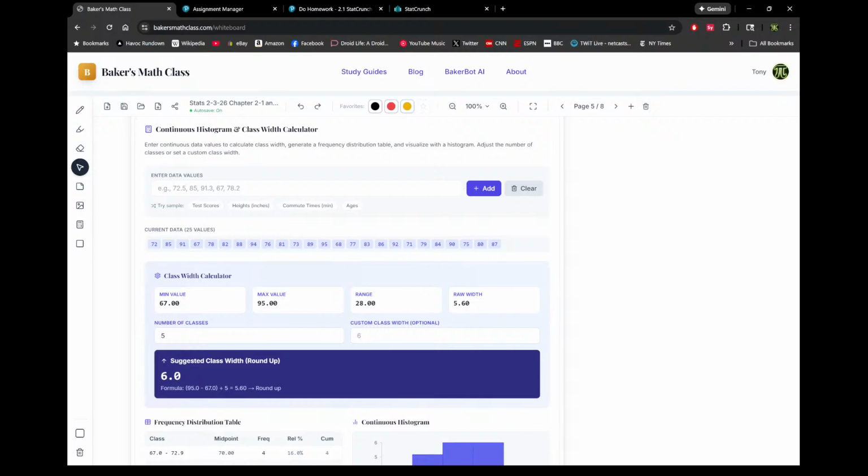In this problem, I said I wanted 5 classes. So if we do 28 divided by 5, we get 5.6 for my class width. But I'm going to round up. So I'm going to round up to 6. So my class width is going to be 6.